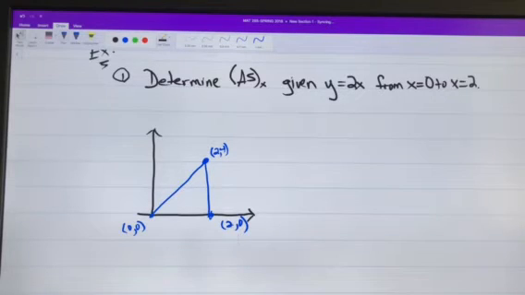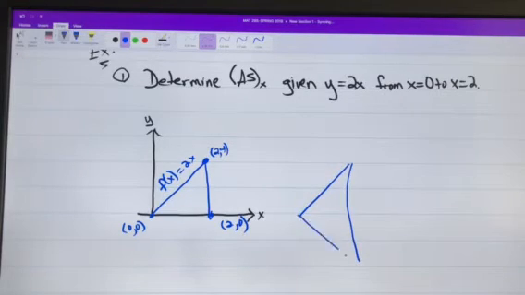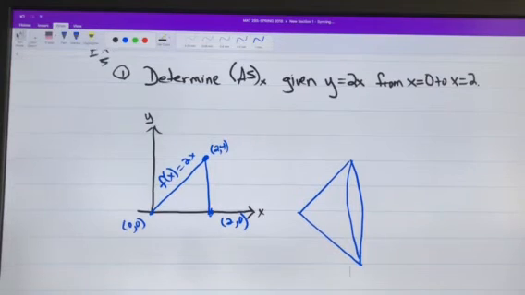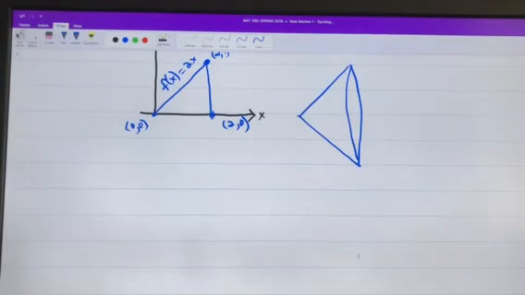Now, in taking what we have here, if I'm looking at integrating with respect to x, in this case I have y or f of x is equal to 2x, and I'm looking at the area of surface generated about the x-axis.